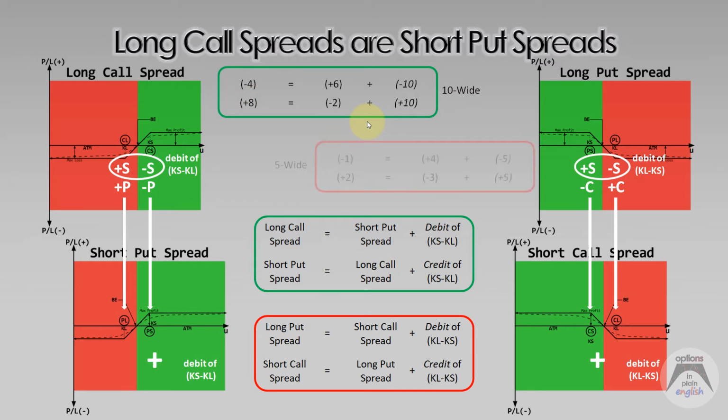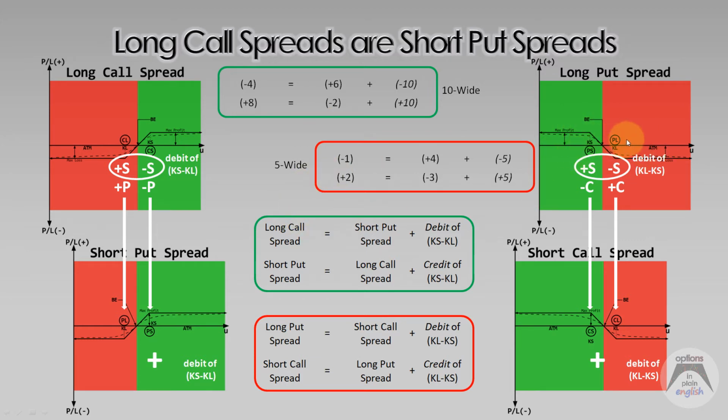Now, if we do the example for the long put spread, for the bearish side, you can see now we're going to make it 5 wide, just to make it different. A long put spread, let's say, for example, you are buying a put spread that's trading for $1. Okay, so that means that it's completely out of the money, so you'd be over here.